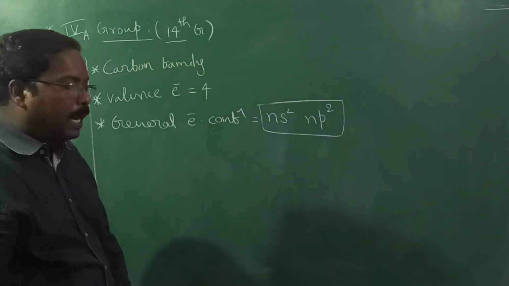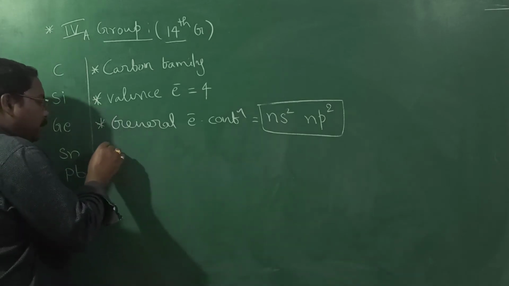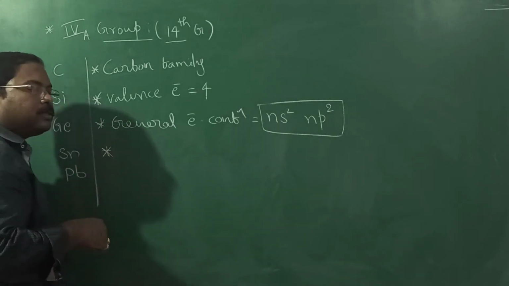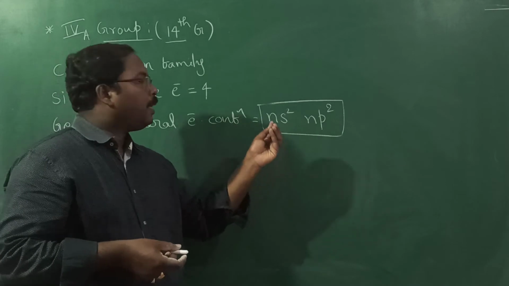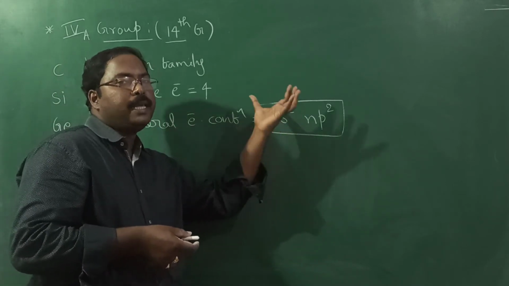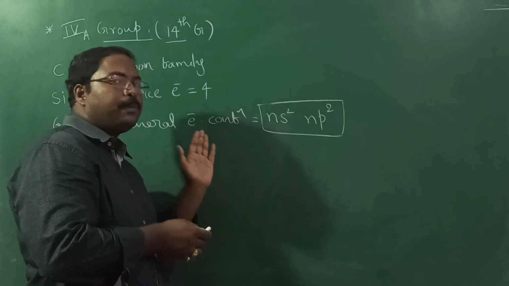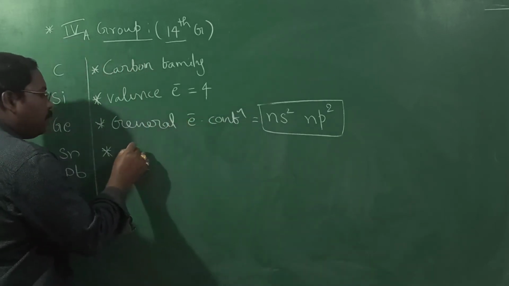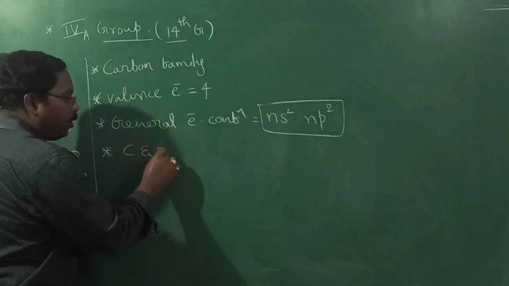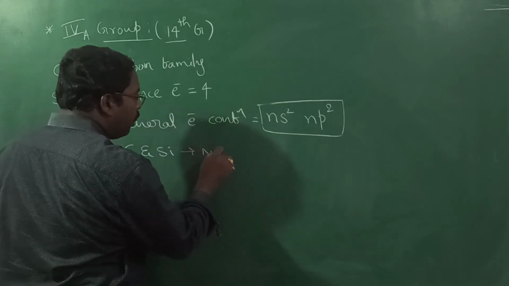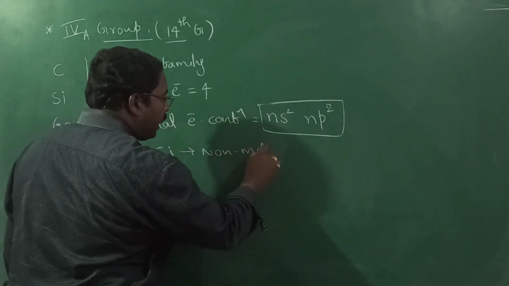Now how many electrons are there in the valency shell? We have 4 electrons. So let us discuss the oxidation state. Oxidation state means we need to know how many electrons they can gain and how many they will lose. But before that, let us discuss their nature. Carbon and even silicon generally have more non-metallic nature.